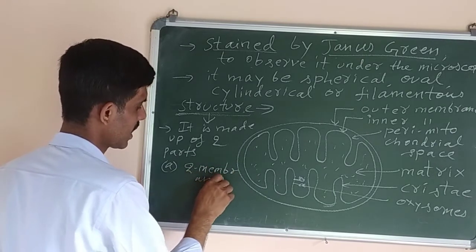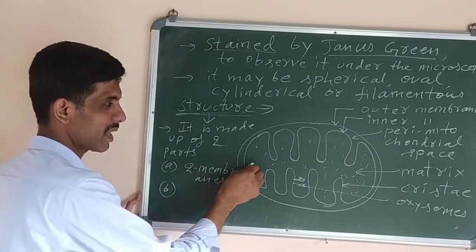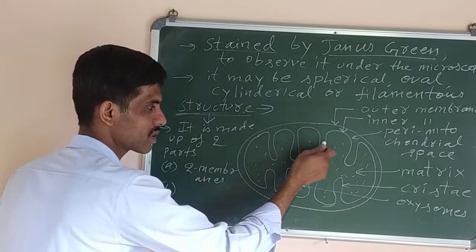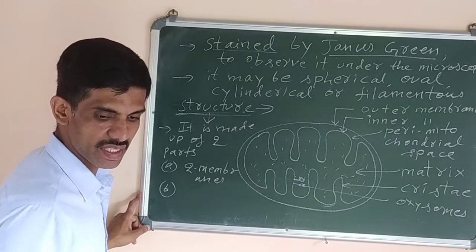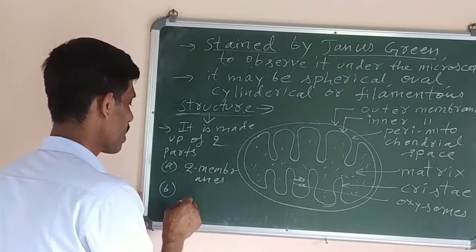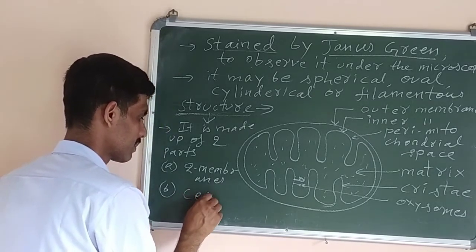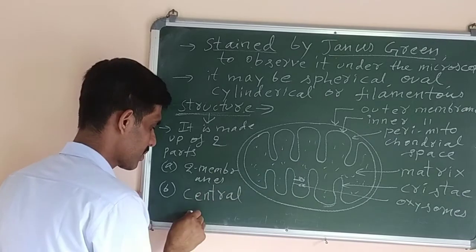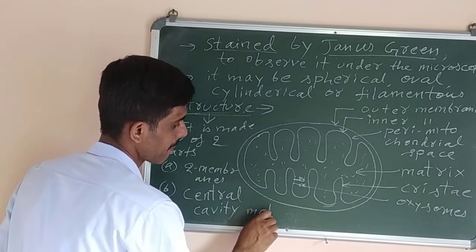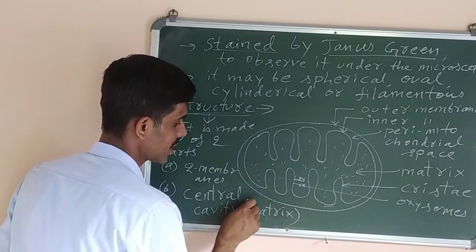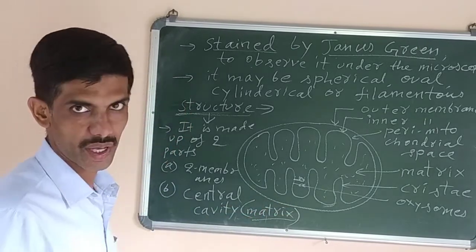And number two, the second part, this one, the ground substance, is known as matrix. The other name is the central cavity. Central cavity, which is also called matrix.